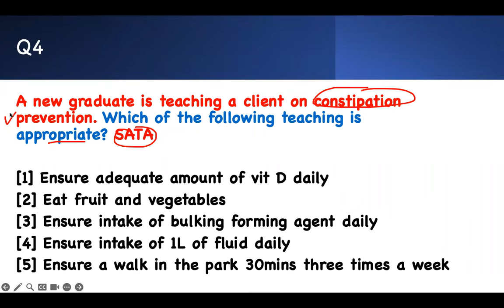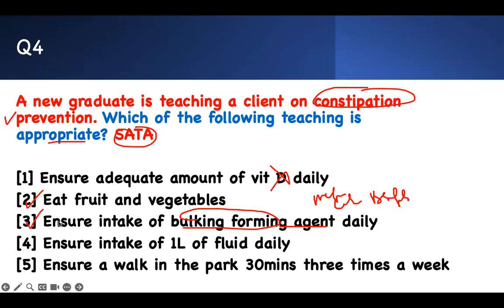Don't use any laxative. Ensure adequate vitamin D intake? No, we don't need vitamin D. Eat fruits and vegetables? Yes, some fiber in it. Ensure intake of bulk-forming agent. Bulk-forming agents are Metamucil, Citrucel, Benefiber. These are all fiber bulking agents.